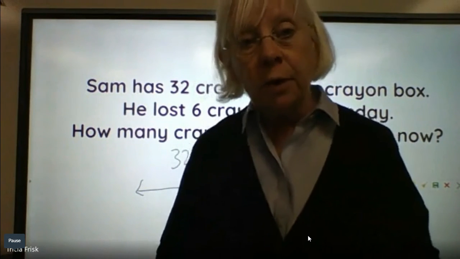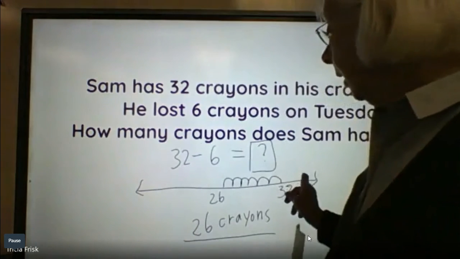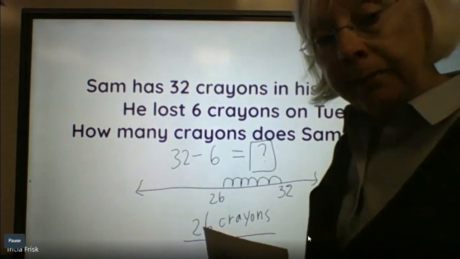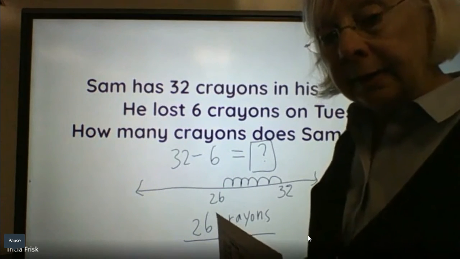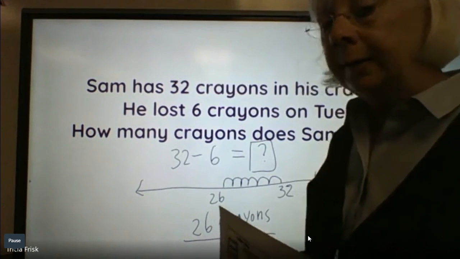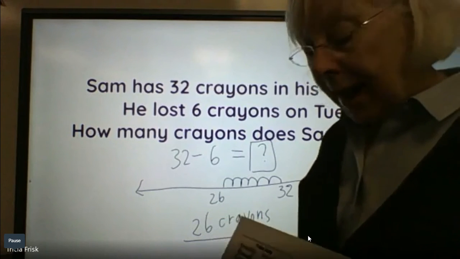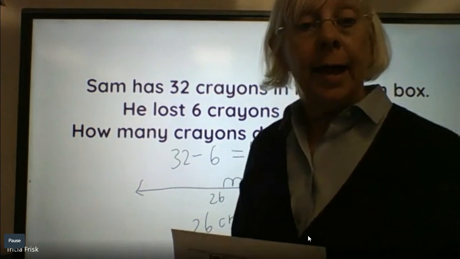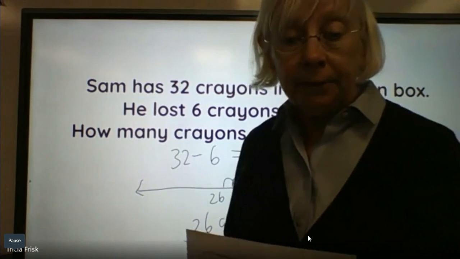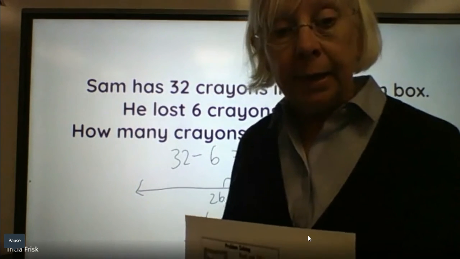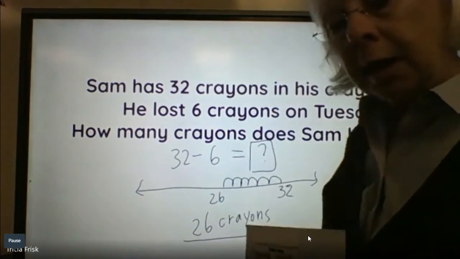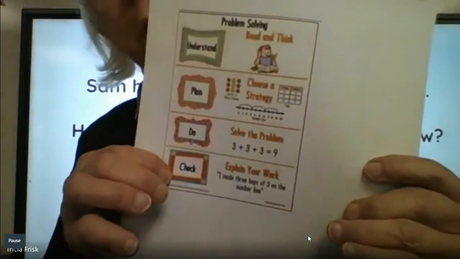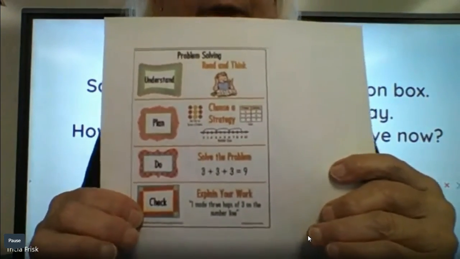So when I check my work, I say, did I start at 32 and take 6 rock jumps back? Does it make sense? Is it a smaller number? Yes, it does. And can I explain it? Can I tell how I solved it? So when I can explain it, showing my number line, that tells me that I have checked my work and that I'm happy with my answer.